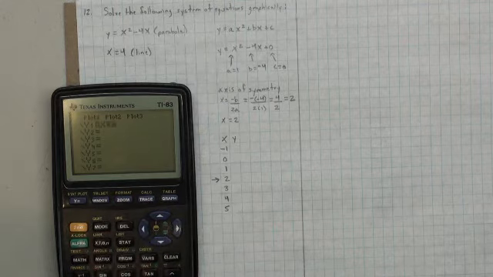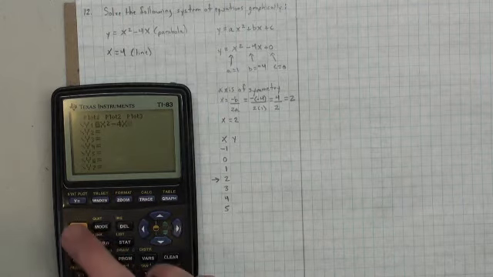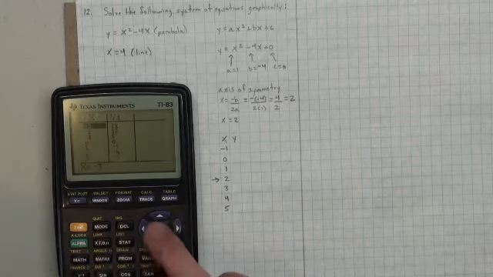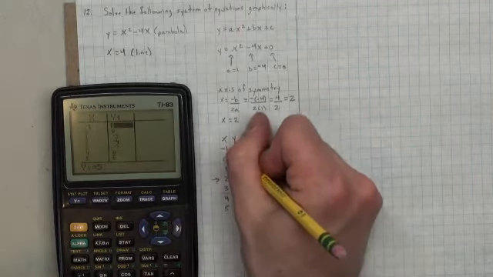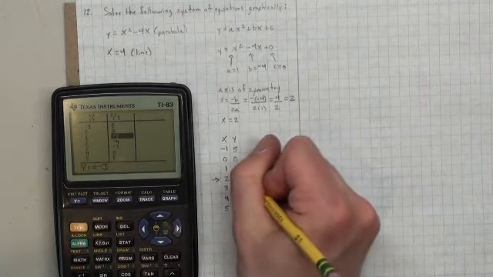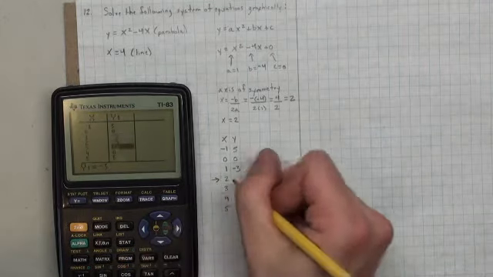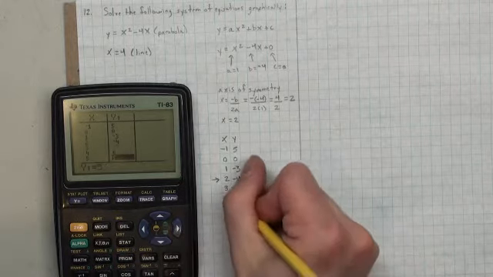So we have x squared minus 4x. Go to our table and go to negative 1. I want that to be at the top. Okay. So I have 5, 0, negative 3, 0, negative 3, negative 4, negative 3, 0, 5.